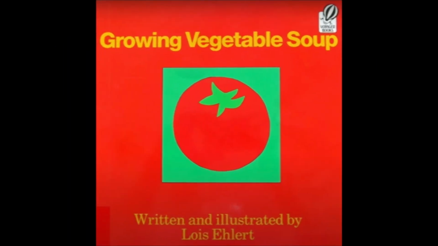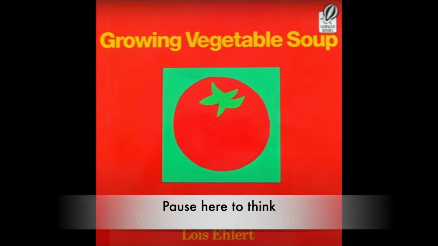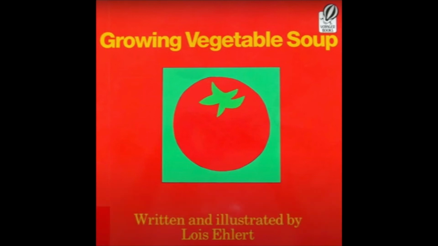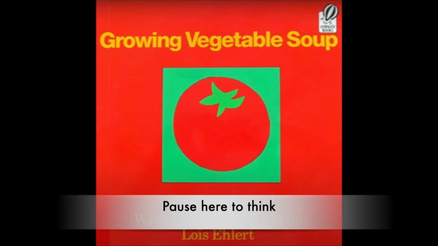Let's talk about what happened in our story, Growing Vegetable Soup. Who can tell me what the characters used to plant their seeds and sprouts? That's right. They used tools like shovels and rakes. And who can tell me what they did so their vegetables would grow? Exactly.